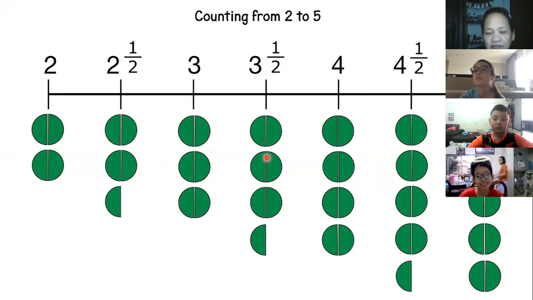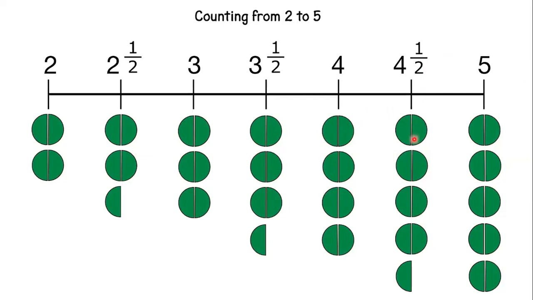As you see in the figure, there are 3 whole numbers and 1/2. And the next is 4 whole number, and then 4 and 1/2, and then the last is 5 whole number.